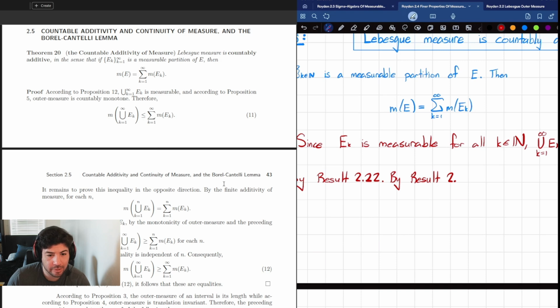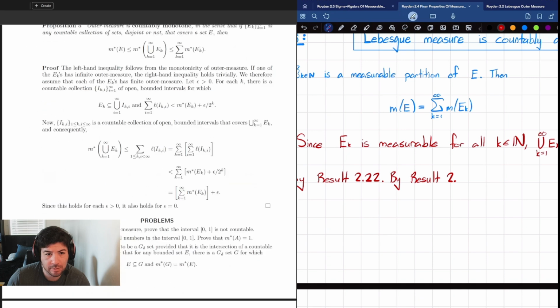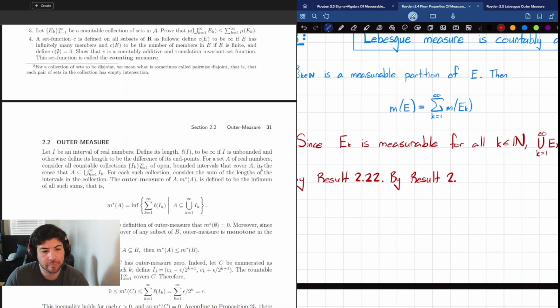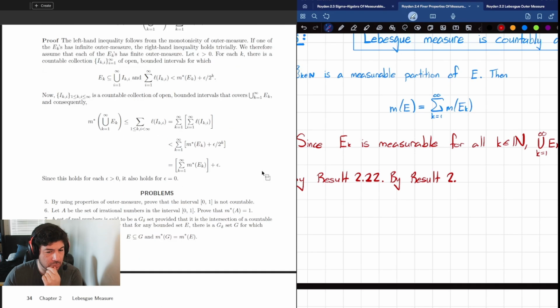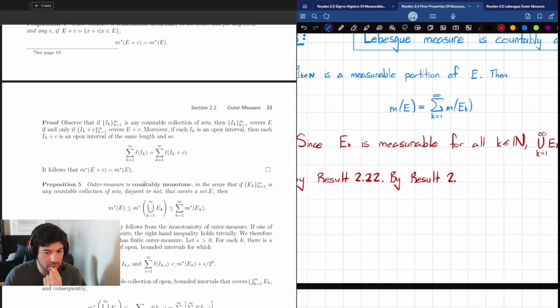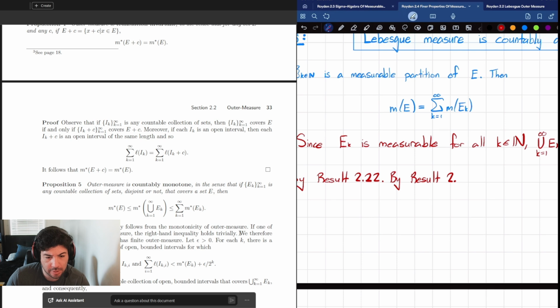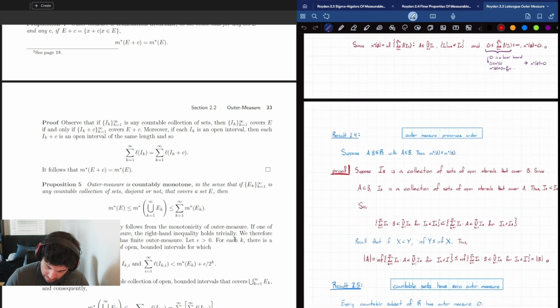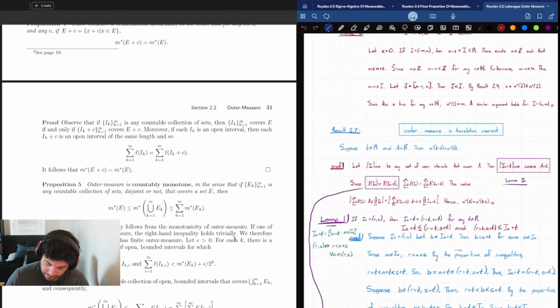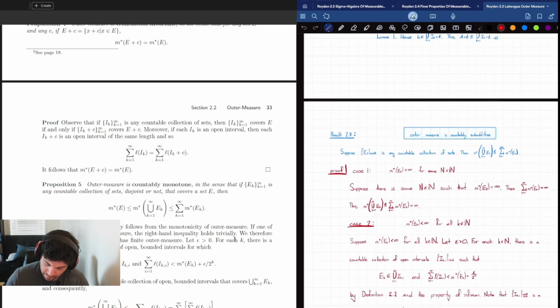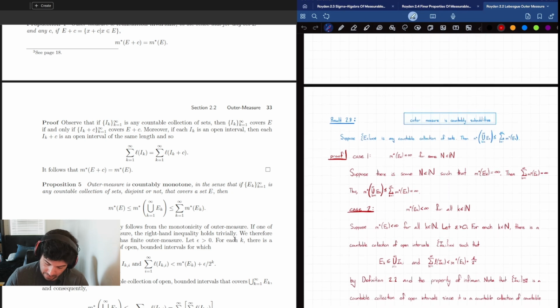Proposition 5. That's one of the earliest ones. It's this one. Here. Subadditive. That's this one. 2.8.